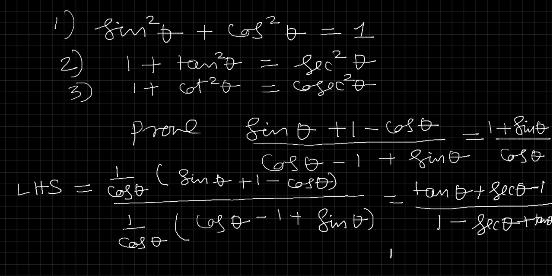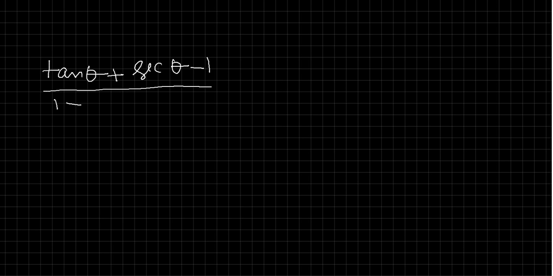Now let us go to the next page. So the left hand side comes down to (tan theta plus secant theta minus 1) divided by (1 minus secant theta plus tan theta).